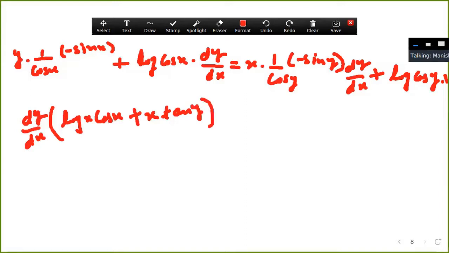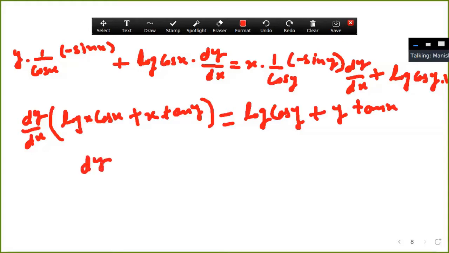X tangent y is equal to, collect the terms without dy upon dx, log of cos y. This is minus, it becomes plus y into tangent x. Y into tangent x.